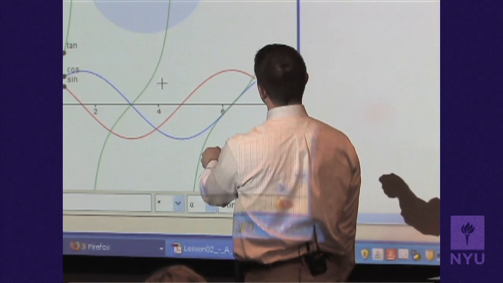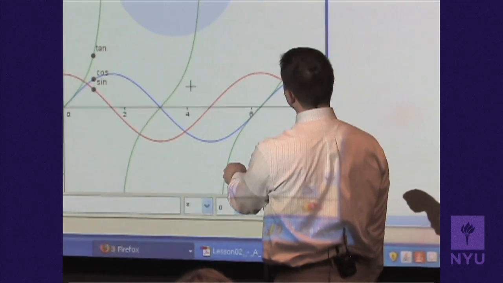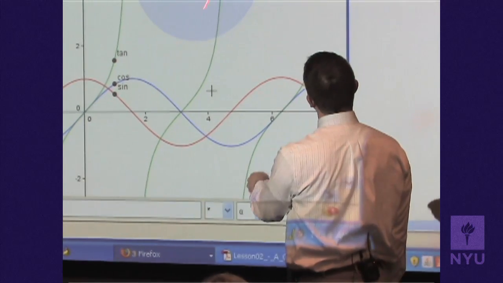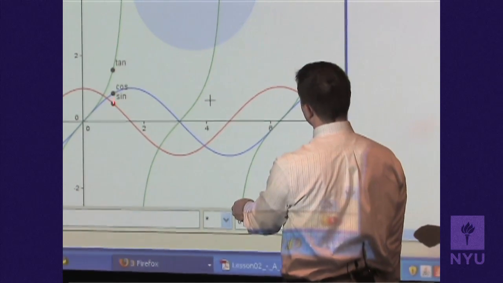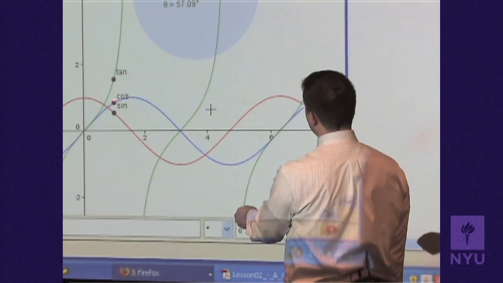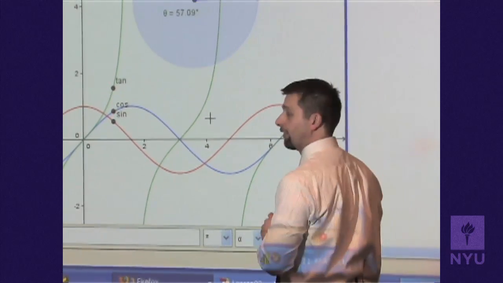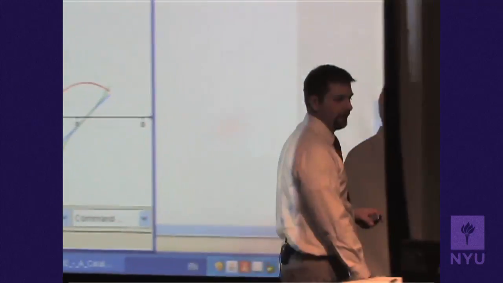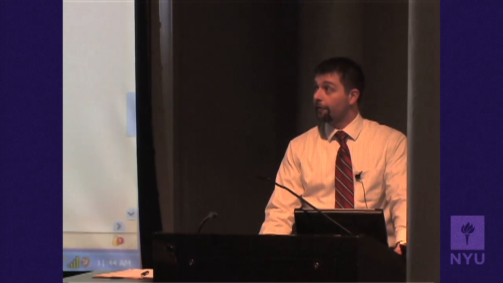Okay, so for this particular angle of 57.09 degrees, if you convert it to radians and measure this height, you get this amount here. Okay, so that's the sine, cosine is here, and tangent is the quotient of the two. If I move this point around, then I'm going to get different points on the sine and cosine graphs.